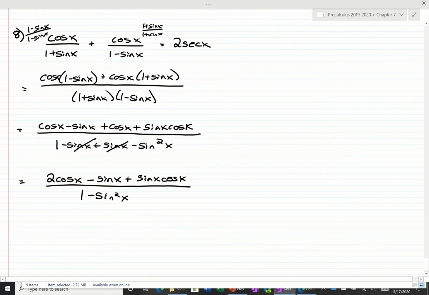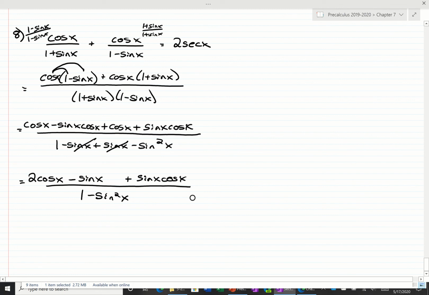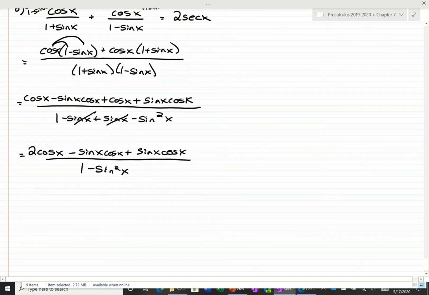Alright, let me just make sure everything's good here. Cosine times 1 minus sine. Cosine. This should be minus sine cosine, actually. Just make that adjustment. Alright, so just double checking that we distributed everything correctly.